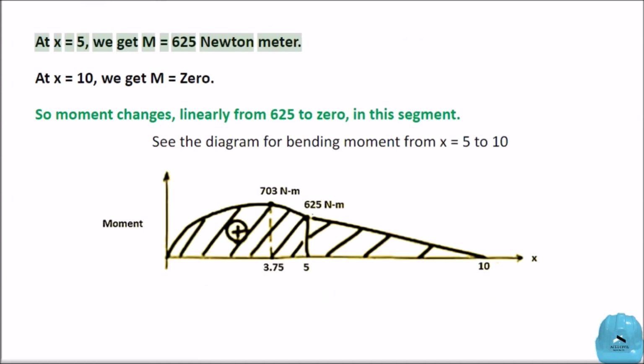At x equals 5, we get M equals 625 Newton meter. At x equals 10, we get M equals 0. So moment changes linearly from 625 to 0 in this segment. See the diagram for bending moment from x equals 5 to 10.